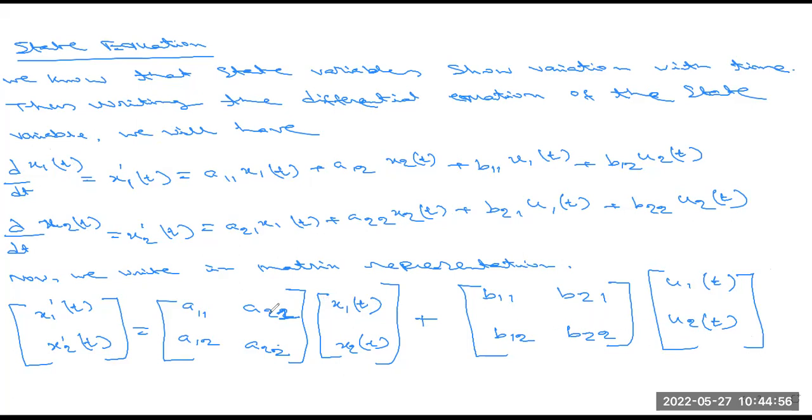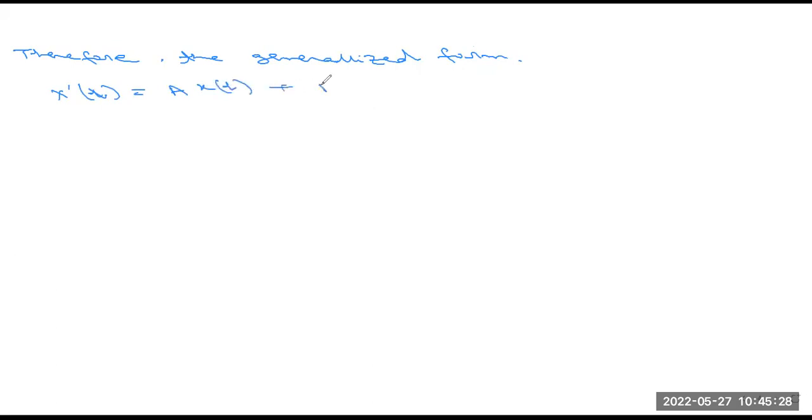Now you have to prepare the generalized form of this matrix form. So the generalized form is x'(t) equals A x(t) plus B u(t).